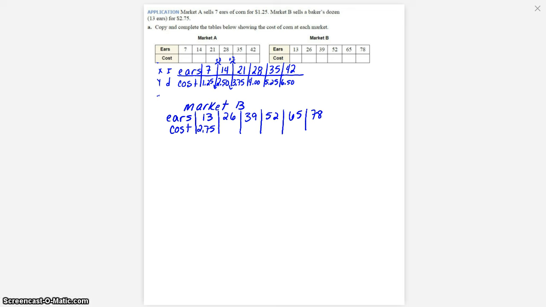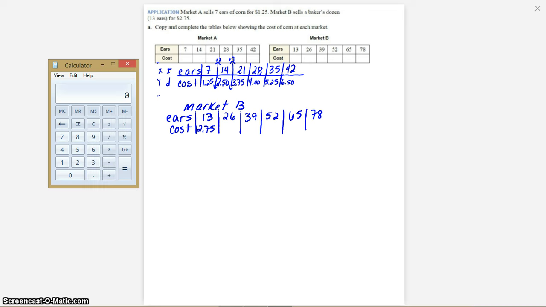So 13 ears of corn is $2.75, so I need to add another $2.75 to get to the next. I better check this with the calculator. I start off with 2.75 plus another 2.75, and that's 5.50.